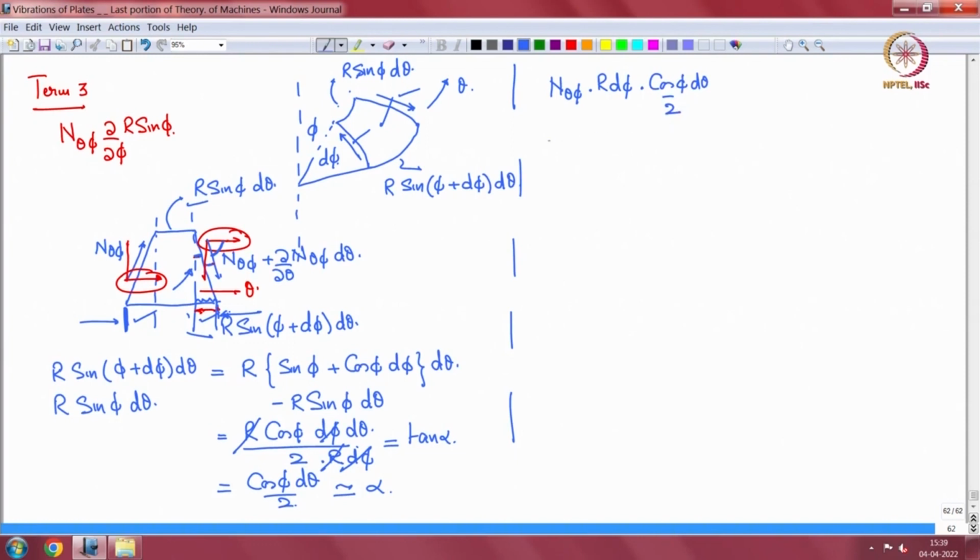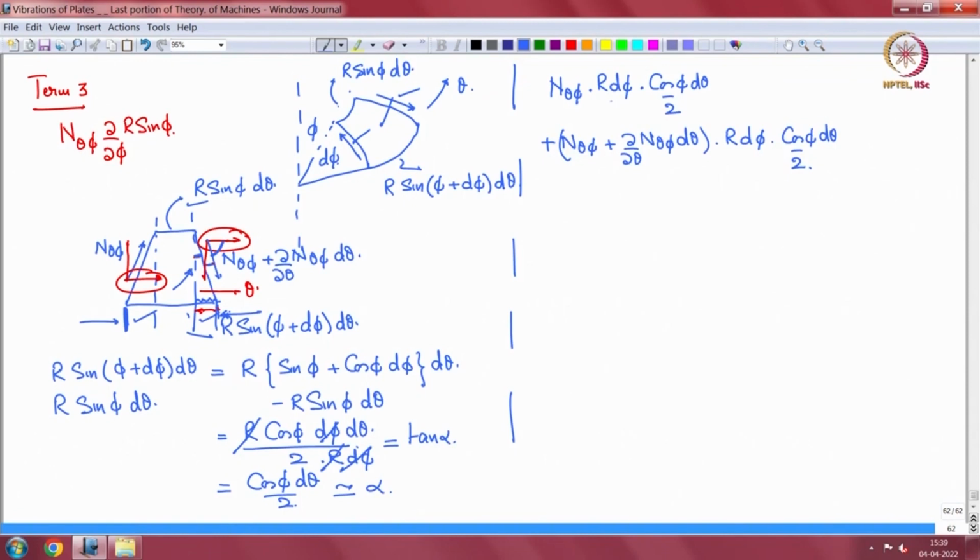And for the other force we have N theta phi plus del theta, N theta phi d theta, make it a full force using r d phi, and then sin alpha or alpha, which is cos phi d theta by 2.